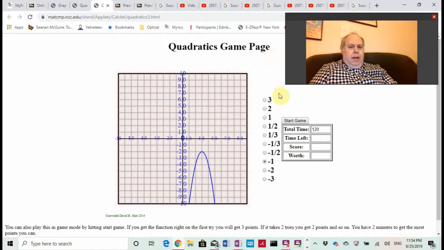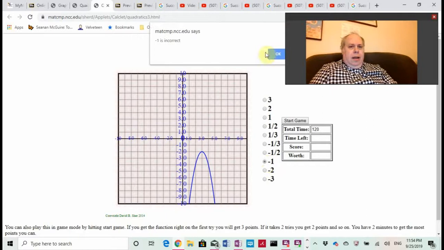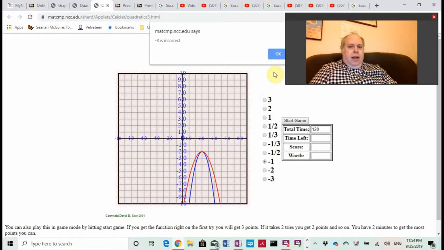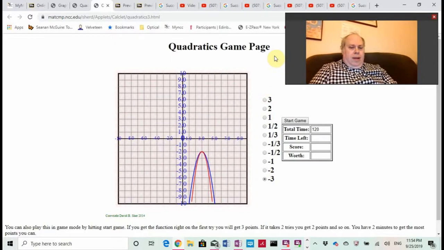This one looks also like the -1. So let's click on that again. No, -1 is too wide, but -3 is too narrow. So by Goldilocks property, we do this in -2.